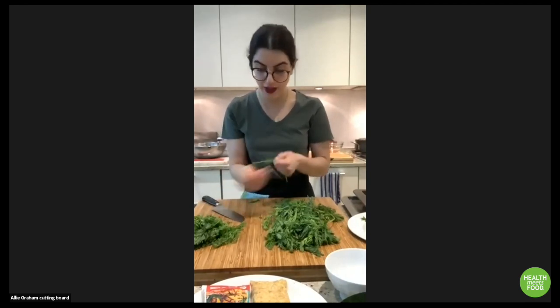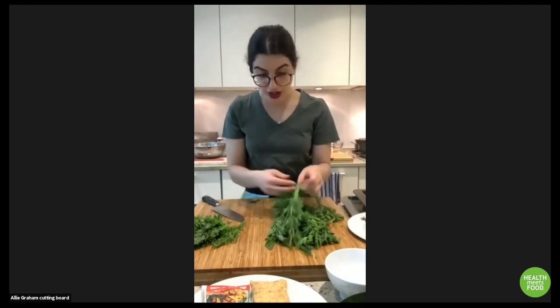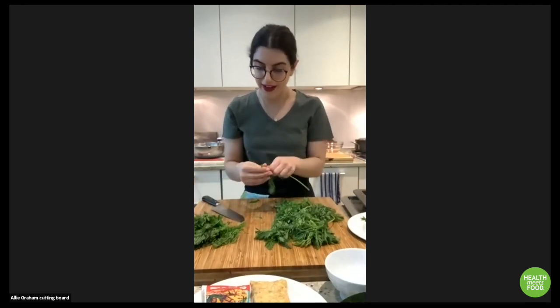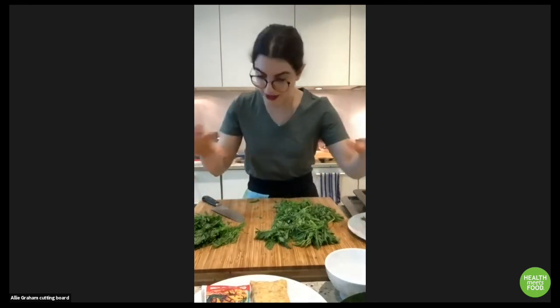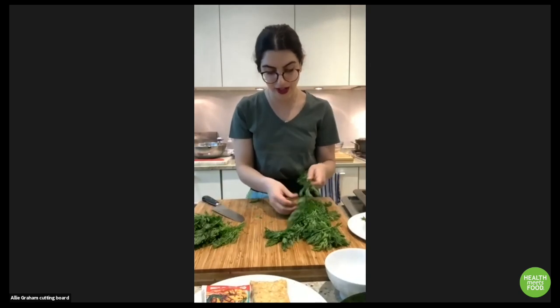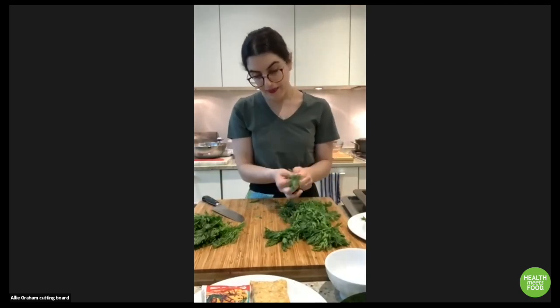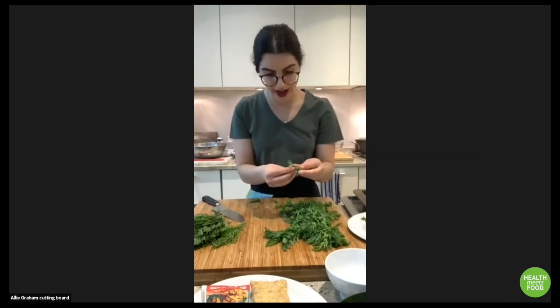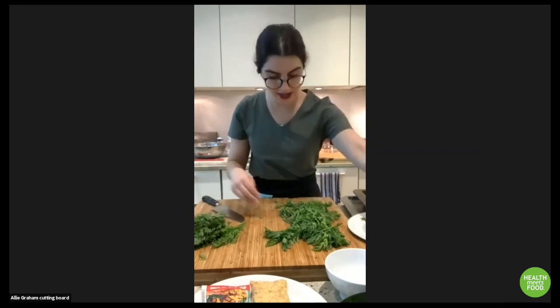So I usually try on Sunday to make as many things as I can, and having a little bit of extra time to pick and prep your vegetables can be really helpful. I am going to just about finish that so that we can get on with the next piece.